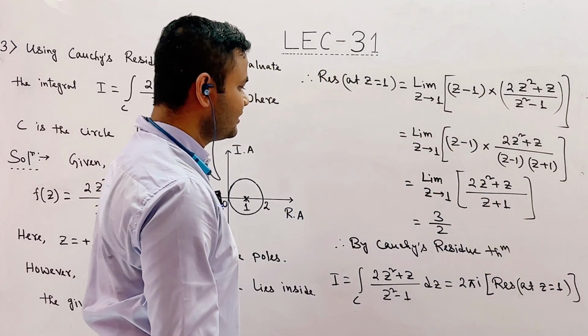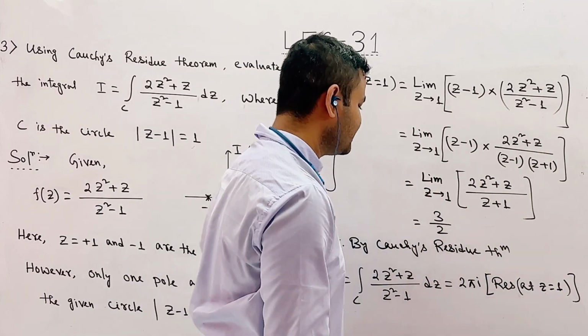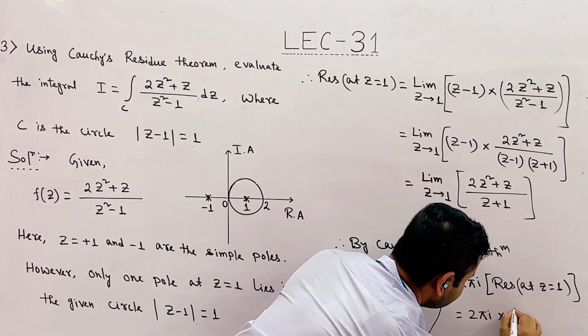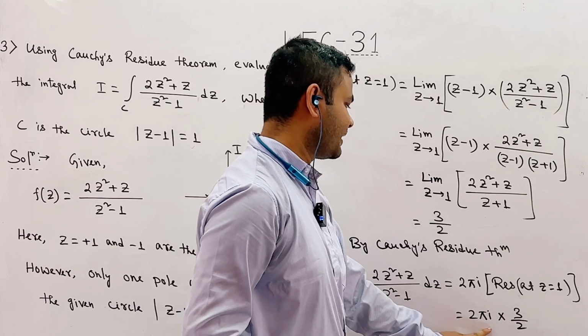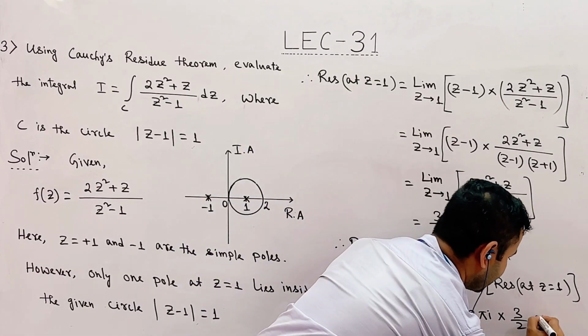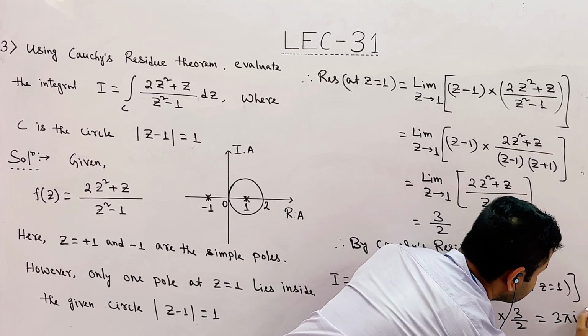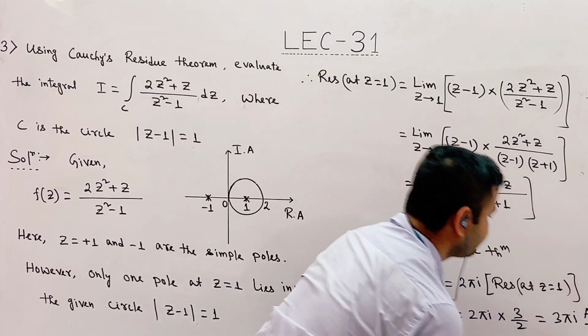Here we have seen that residue at z equal to 1 is 3 by 2. So after substituting, we will get 2 pi iota into 3 by 2. So after simplifying, we will get 3 pi iota. This is the answer. Okay.